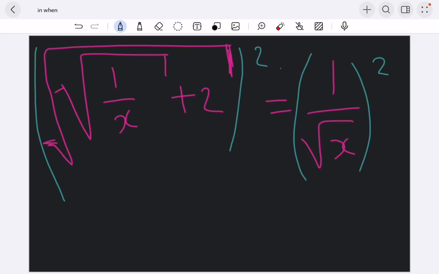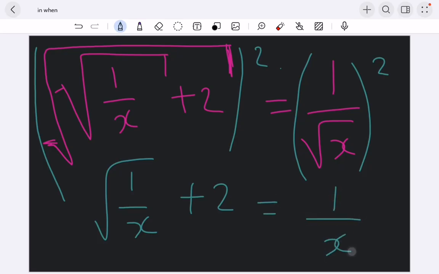Okay, so you're left with 1 over x plus 2 is equal to 1 over x. Okay, this is the first part. And the next part is we can definitely square both sides again so that we get rid of the radical. Now something different will happen. I just want to show you.